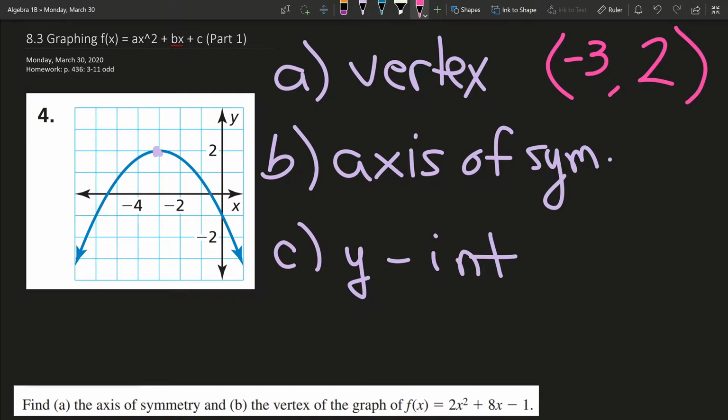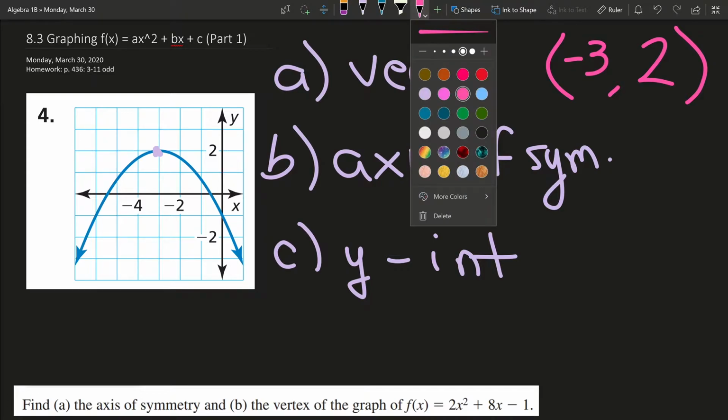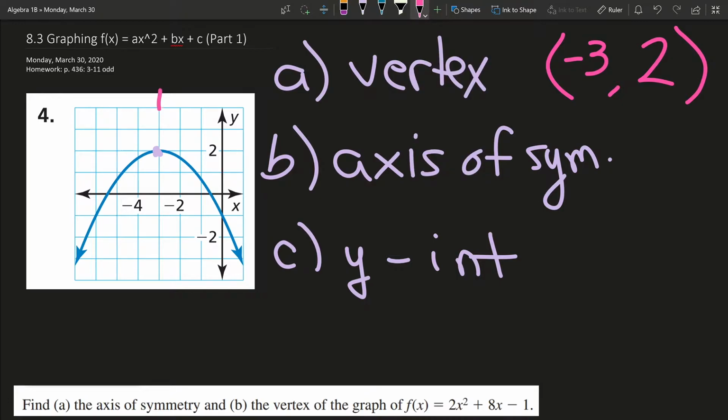Now we need to figure out what our axis of symmetry is. Remember, the vertex is going to be on the same line as the axis of symmetry. So our axis of symmetry is going to be this line right here. This is where the change happens.